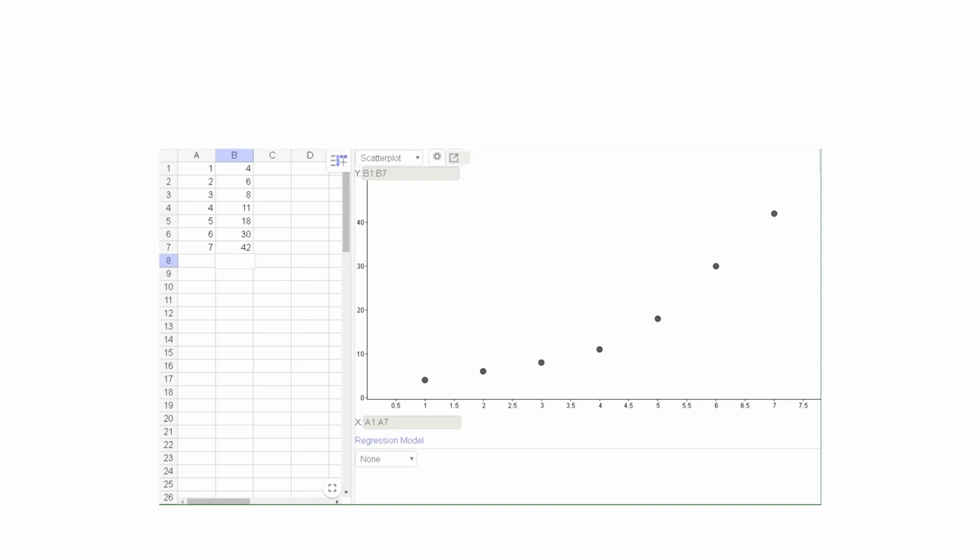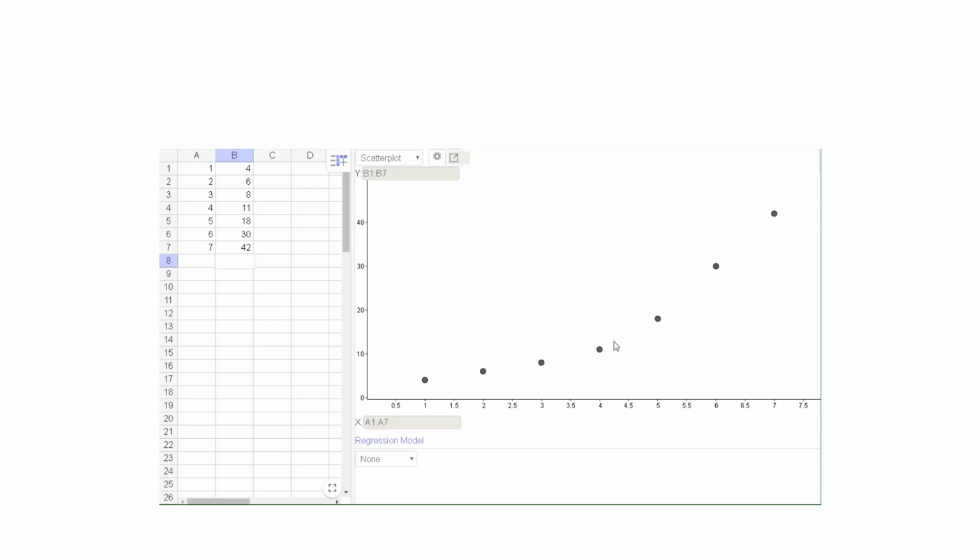So here are the trial numbers. Here are the amount of M&Ms that were put into each cup after each trial. And this is a plot of the points based on the trial number and the number of M&Ms added after each trial. So, actually I should say the total number of M&Ms.